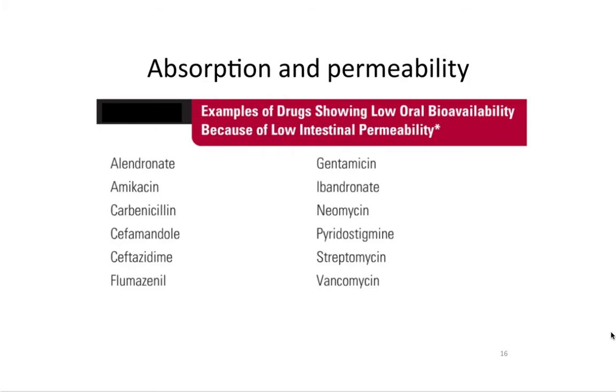More examples that show this pattern in terms of oral absorption and permeability are listed there. These particular drugs have very low intestinal permeability and hence low oral bioavailability: alendronate, amikacin, carbenicillin, cefamandole, ceftazidime.